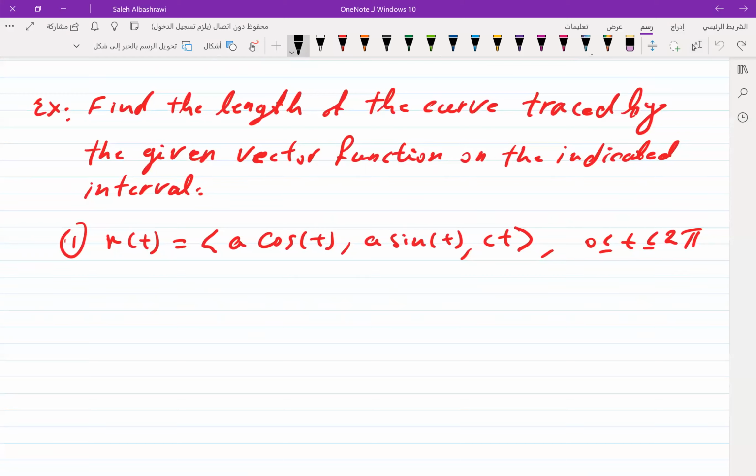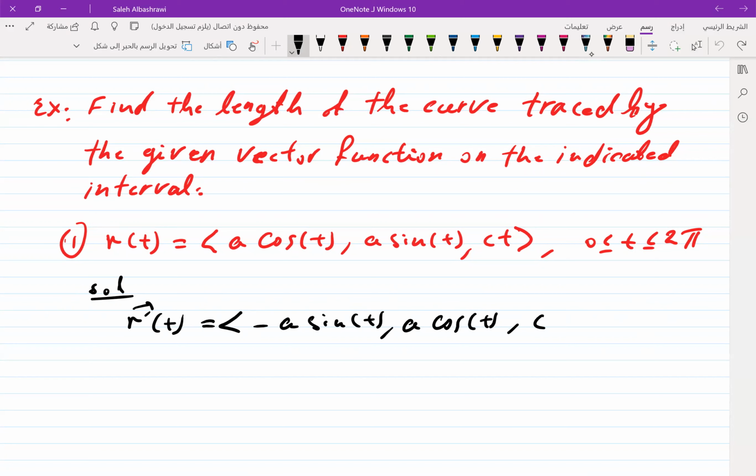First of all, we need to find the derivative. It is equal to minus a sine of t, a cosine of t (the derivative of sine is cosine), and the last one is c. So this is the derivative.